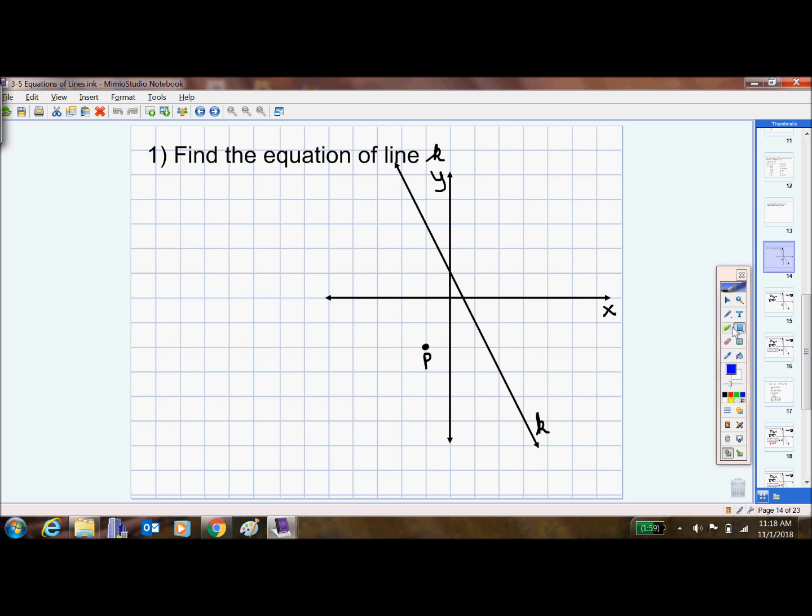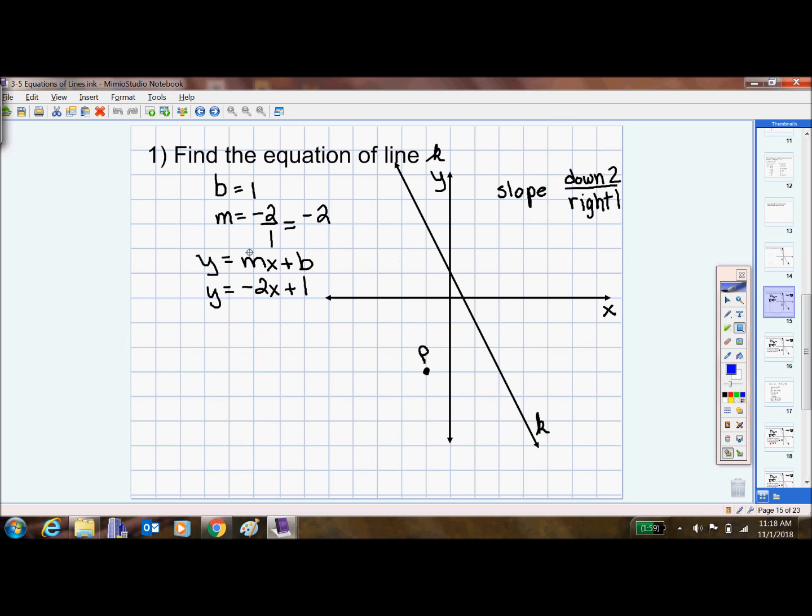Pretty nice, with a graph such as this you can just write the equation from that. y equals m, slope -2 over 1, x plus 1, our y-intercept. So y equals mx plus b. Down 2, right 1 makes our slope. b is our y-intercept, and you just plug it in. So it's a nice, easy way of making an equation from a very well-drawn graph.